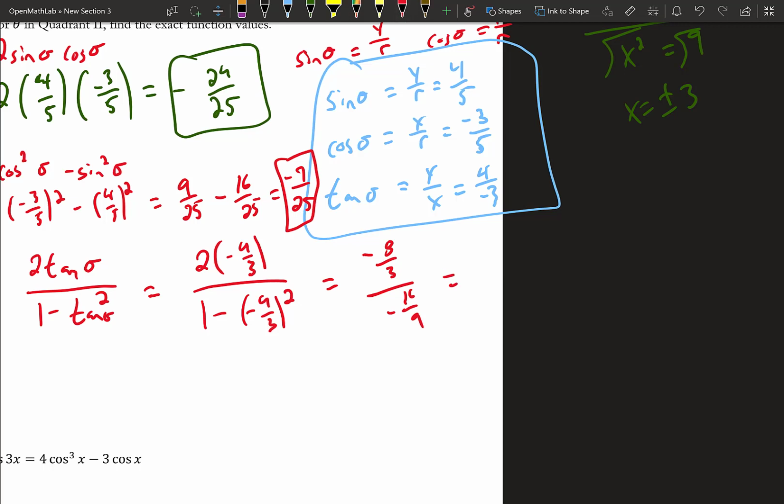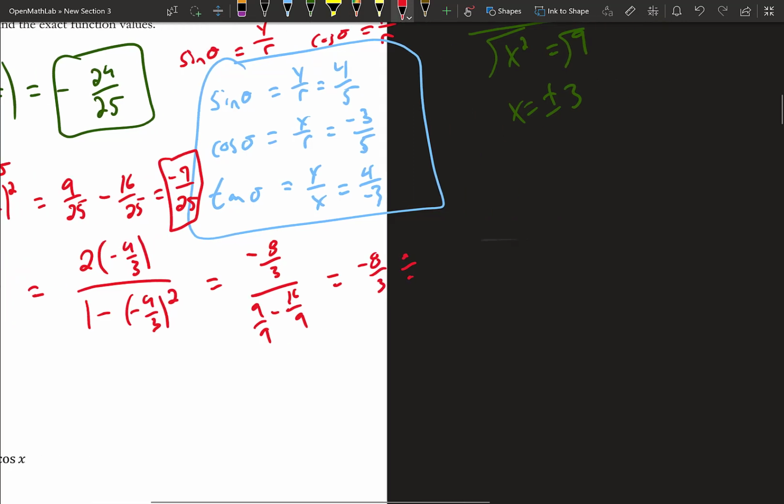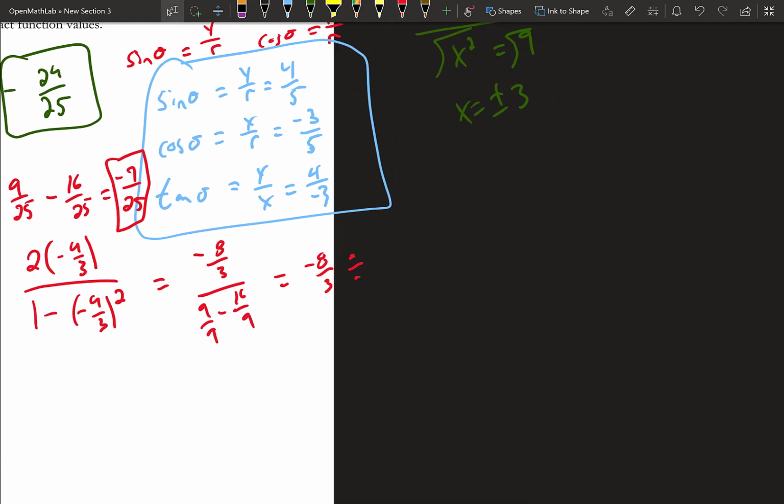So instead of writing 1, we could do 9 over 9, right? So this becomes negative 8/3 divided by negative 7/9, which is equal to negative 8/3 times negative 9/7. Right, just dividing fractions. So this comes out to be 24/7. Right, reduced.